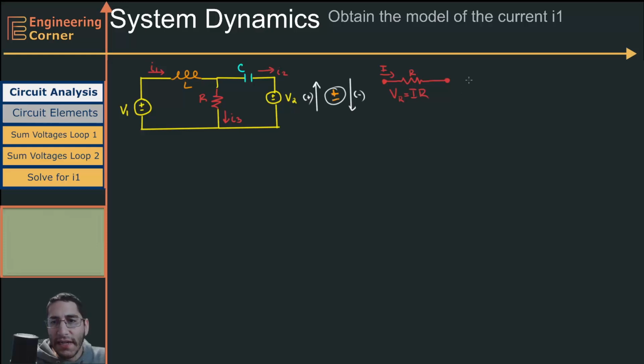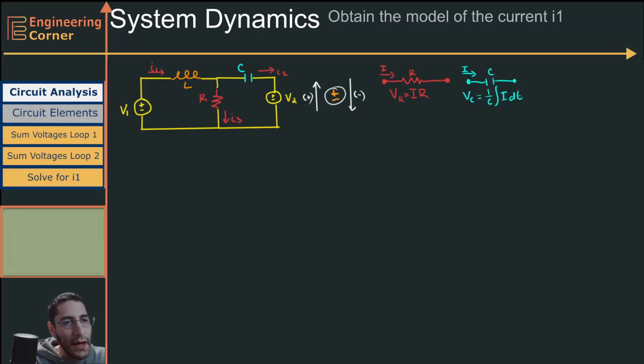If I look at my capacitor, and again I have some current going through, the voltage over the capacitor is 1 over C times the integral of I dt.